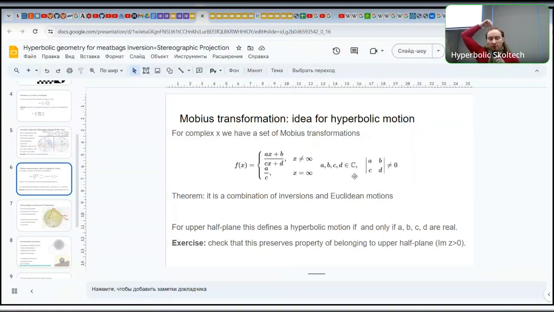Or probably you can take not integers but some other set. Gaussian numbers? For the upper half plane we have A, B, C, and D real, not complex, so Gaussian numbers won't work here.